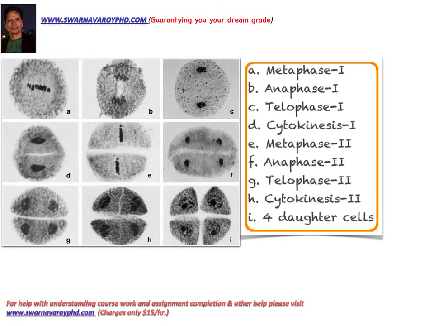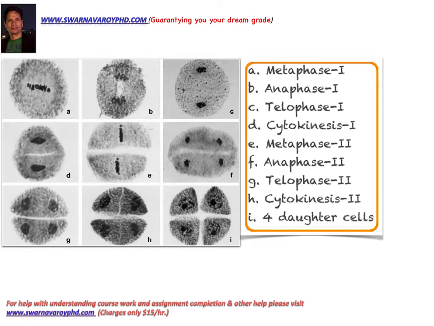And then we have meiosis 2, where you have the metaphase, where all the chromosomes are aligning on the metaphase plate. And then we have anaphase 2, where again they are moving towards the opposite poles, which is F. G is the telophase 2, where the cleavage will start, and H, cytokinesis, where the cleavage is complete, and then I, it results in 4 daughter cells, haploid gametes.